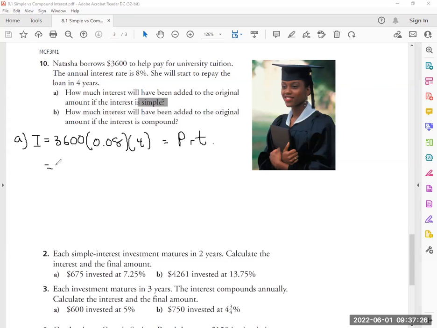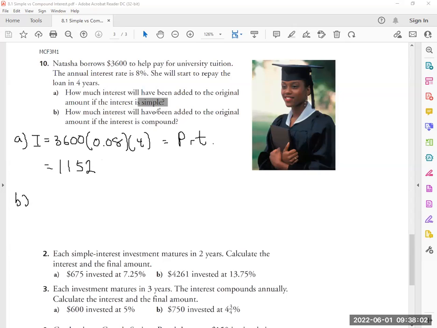So when you plug that into the calculator, the interest is 1152. Yeah, it's a lot of money. I'm not gonna lie. Just for 4 years, borrowing that much, that's like a quarter. That's a third. Crazy amounts of money.